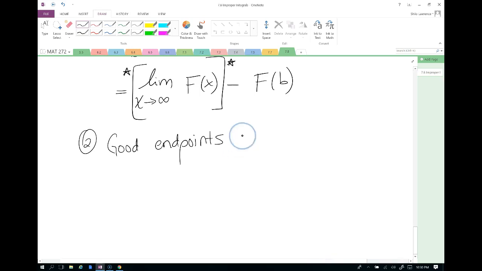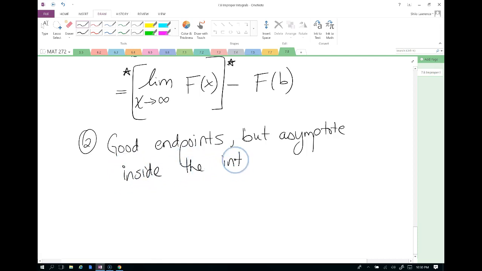So good endpoints, but like an asymptote inside the interval. What we have to do is break apart our integral into two pieces. We have to analyze what's happening at that asymptote.